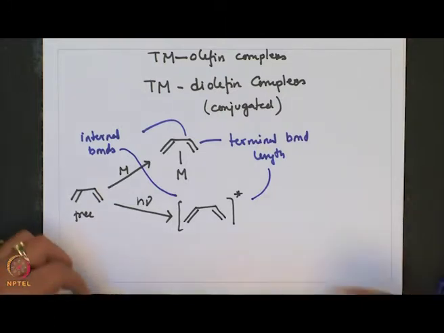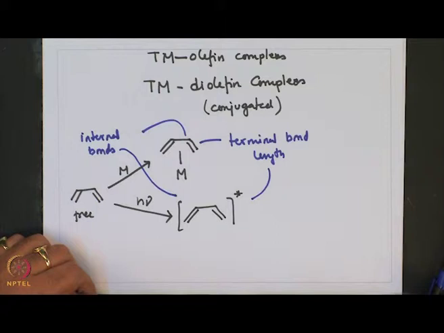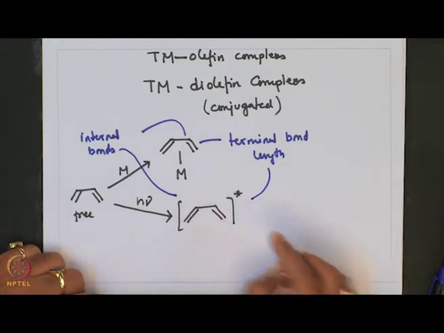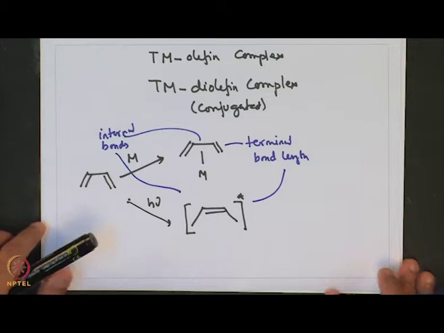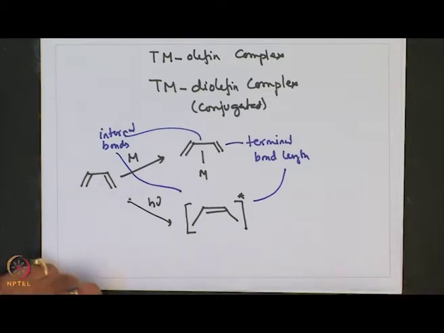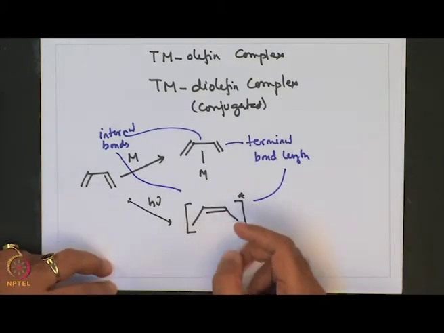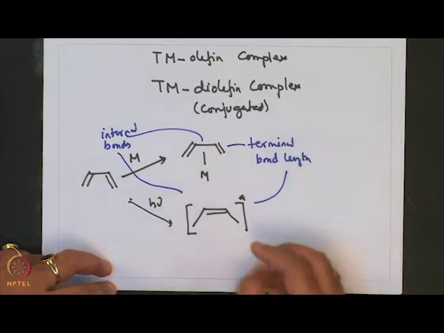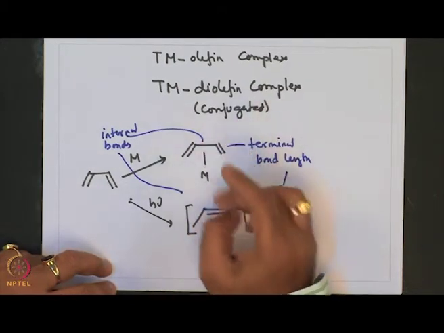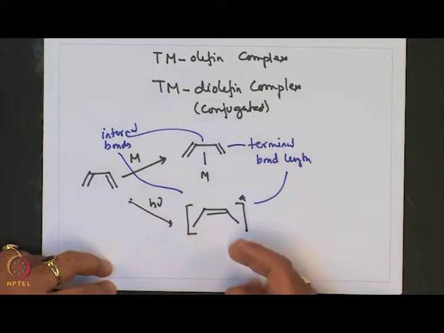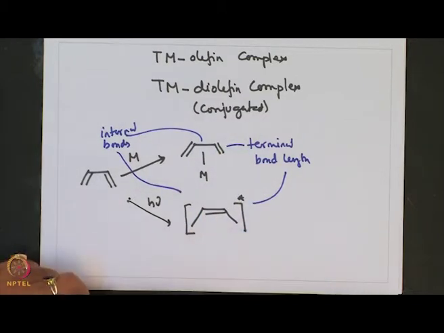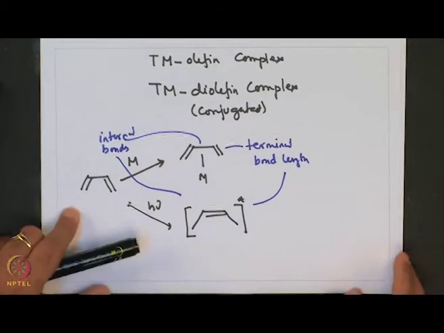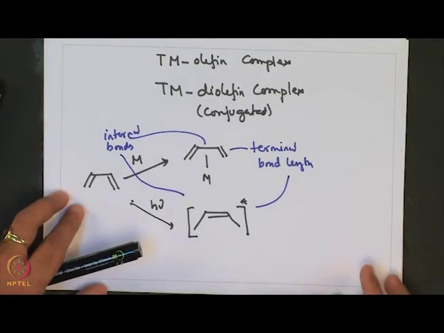So, butadiene activated by light or by metal shows changes in the bond lengths, and these two changes are similar with regard to coordination to metal as well as light excitation.